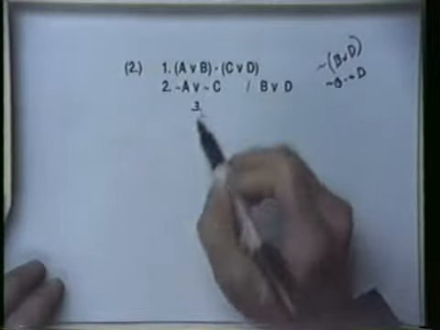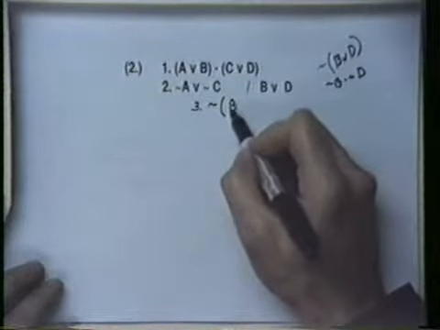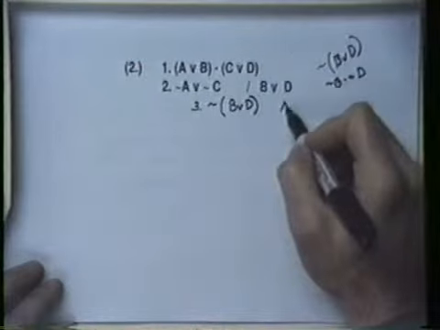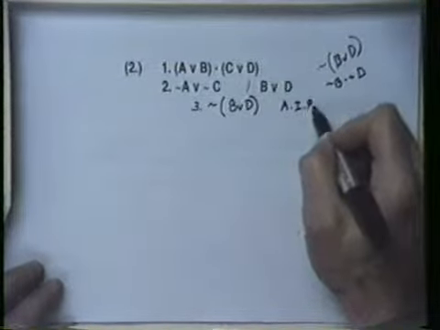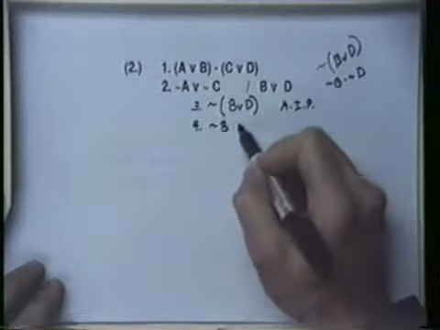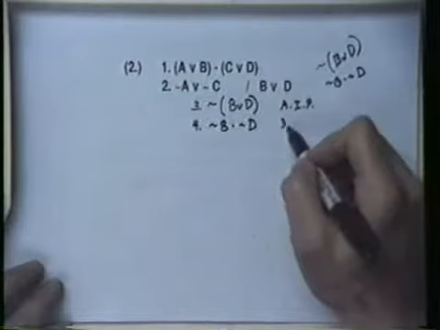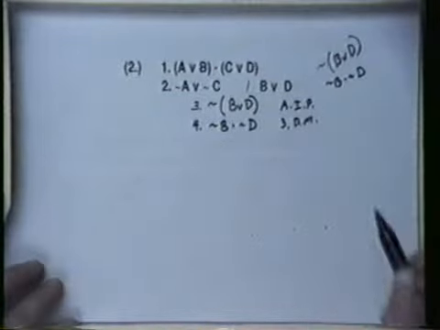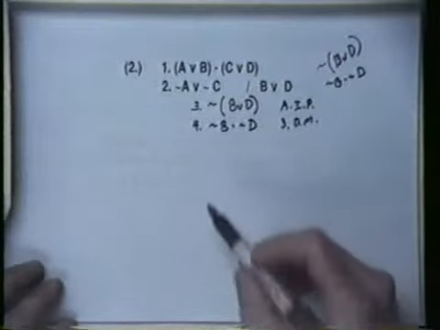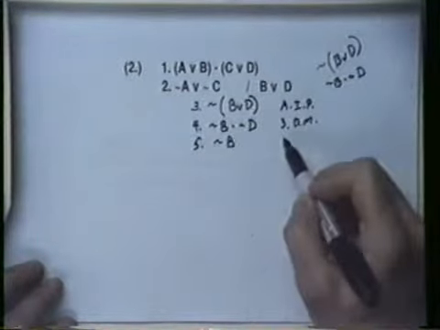Remember, we're going to take as our first assumption the negation of what it is we're hunting for, and that is the indirect proof assumption, and by De Morgan that's equivalent to line 4. And now, of course, we have the ability to get into line 1. We need to simplify line 4.